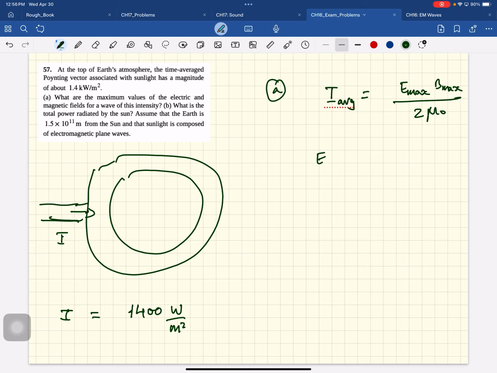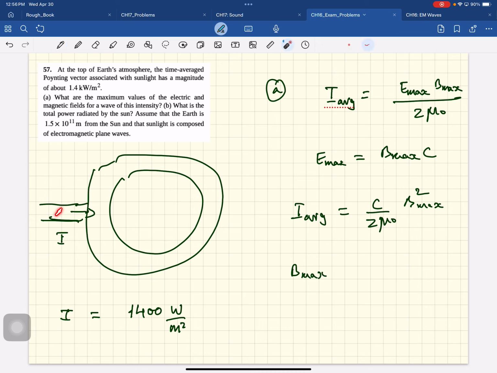So E max is B max times C. So average intensity is C over 2 mu naught B max squared. Okay, so let's find B max. The amplitude of the magnetic field's strength in this electromagnetic wave is given by this.